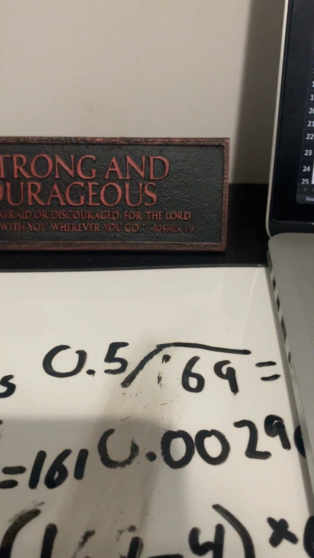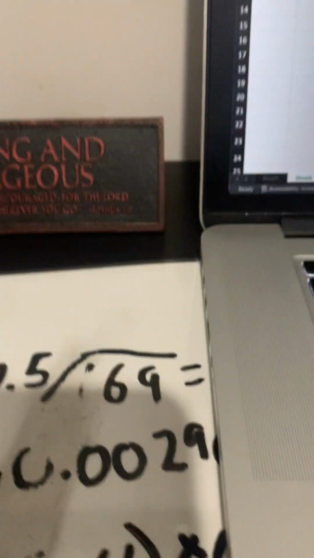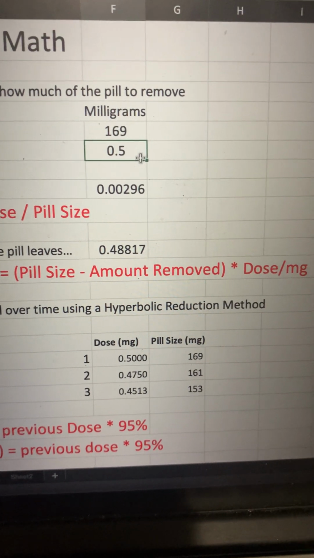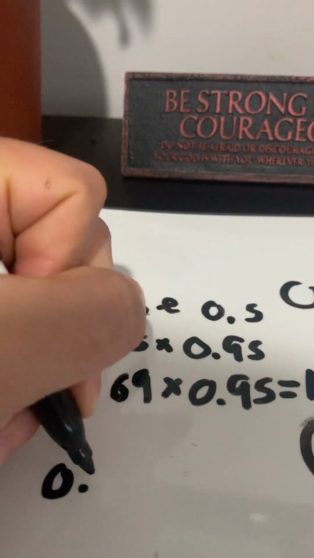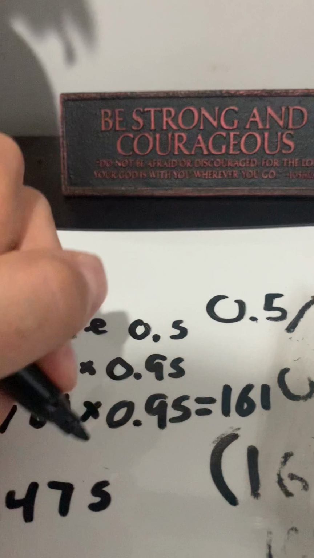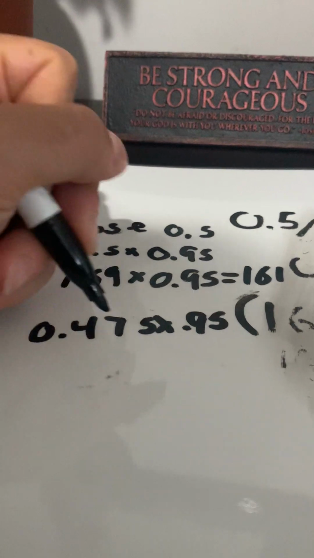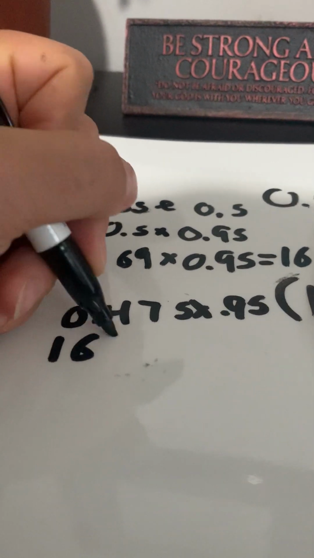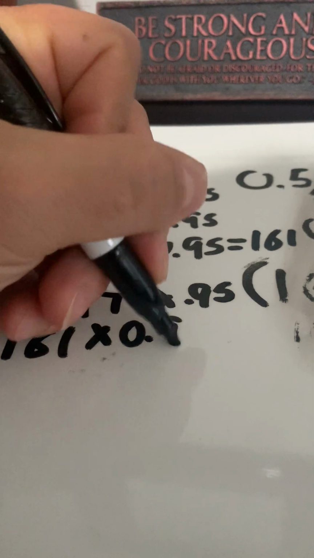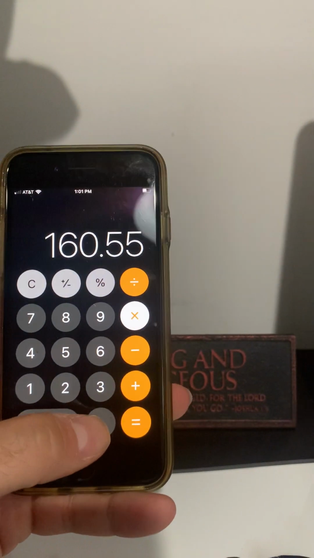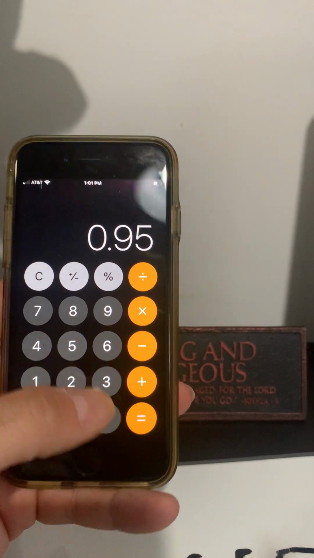Okay? And it's the same thing for the following week. The dose is going to be 0.475 and the pill size is going to be 161. So you would do 0.475 times 0.95, and you're going to do 161 times 0.95. You could literally just keep doing it here, because I already had it in there.